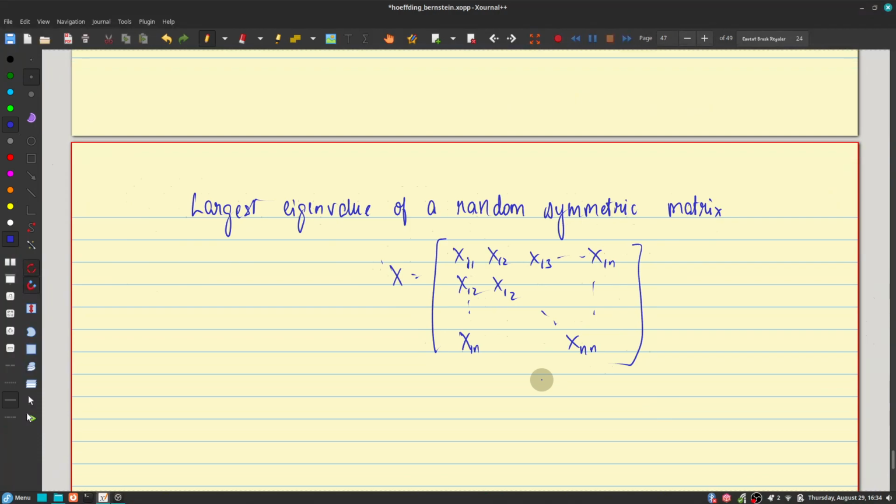Of course, xij is equal to xji. So for all j greater than or equal to i, the xij's are all independent.